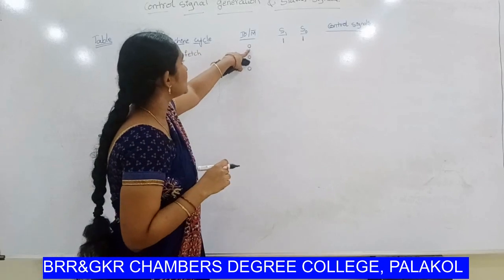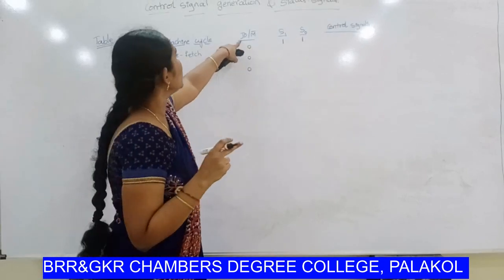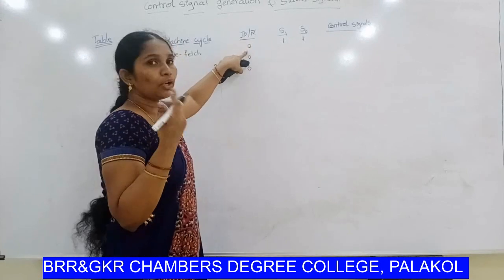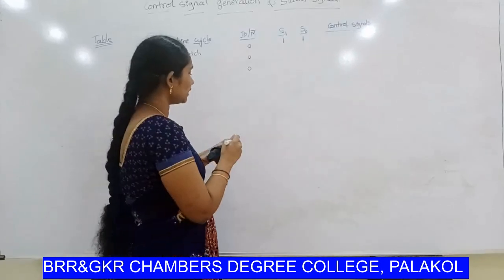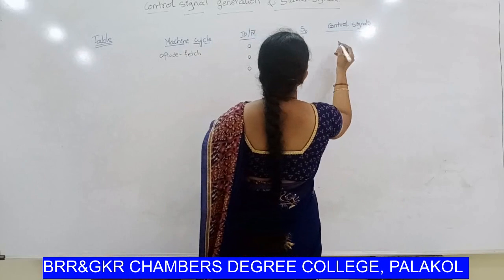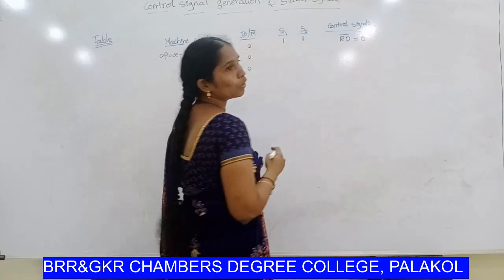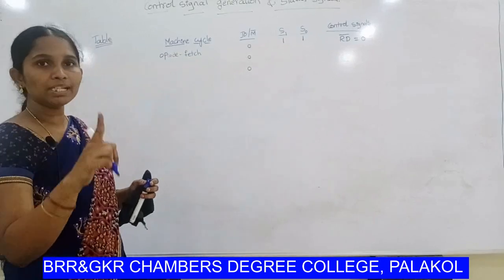So here IO by M bar is 0, and 0 bar means 1, it is a memory operation. A memory operation is a read operation, that means RD bar is equal to 0.